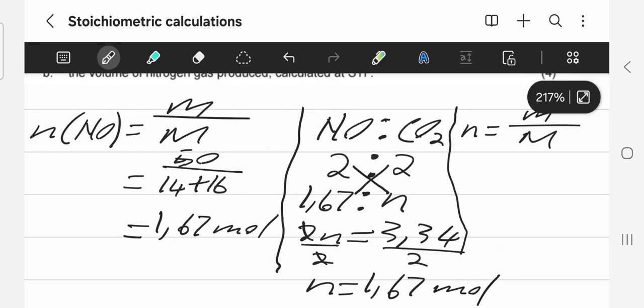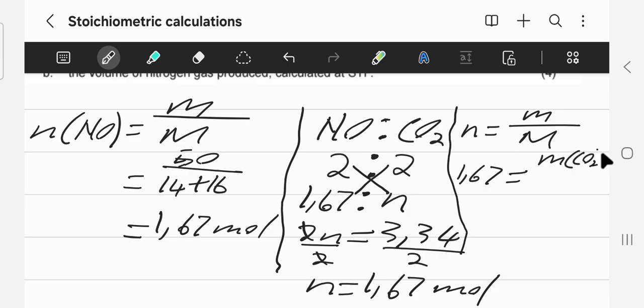How are we doing that? We are going to substitute the number of moles of carbon dioxide, the one we found using ratios. So we will have 1,67 is equal to the mass of carbon dioxide, which is what we are looking for, divided by the molar mass of carbon dioxide. So that's going to be 12 plus 2 multiplied by 16.